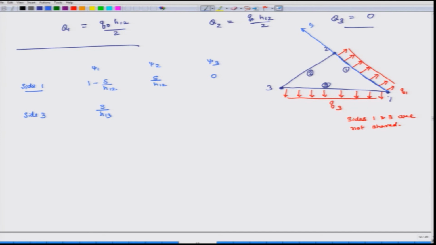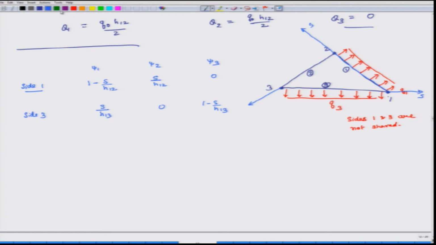If I had to calculate the S axis for side 2, then this would have been the S axis for side 2, and for side 3 this is the S axis. So, for side 3, psi 1 will be S by H13, it will not be 1 minus S by H13, understood? And then psi 2 is 0, and psi 3 is 1 minus S by H13, okay.